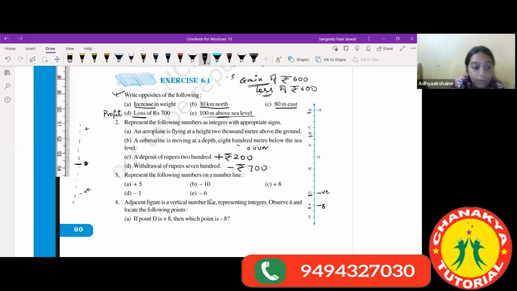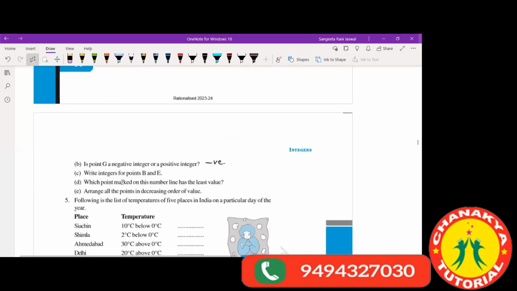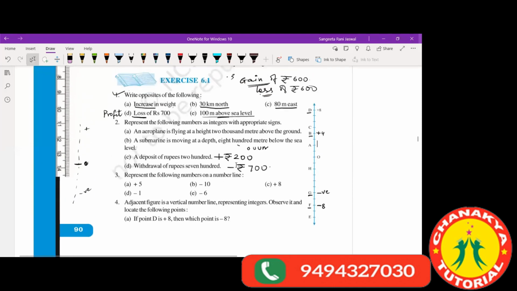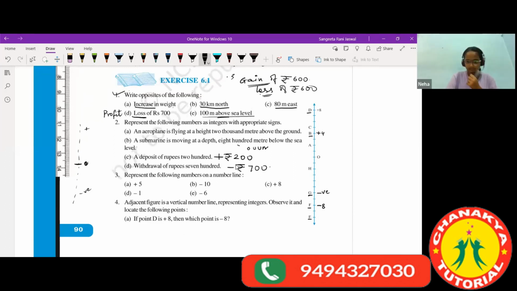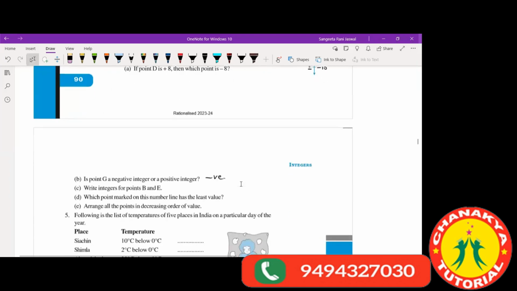Ma'am, 4. Plus 4. Okay, so that's positive plus 4. Very nice. E also you have to say now. Neha, tell me what is integer E here? Just count and tell me. Ma'am, negative, minus 10. Very good. So you have -8 here, then -9 and -10, right? Very good, Neha.